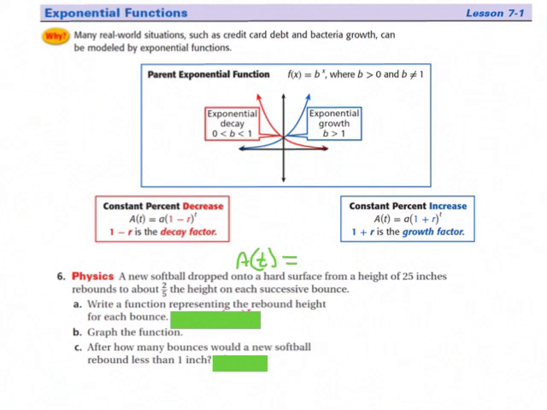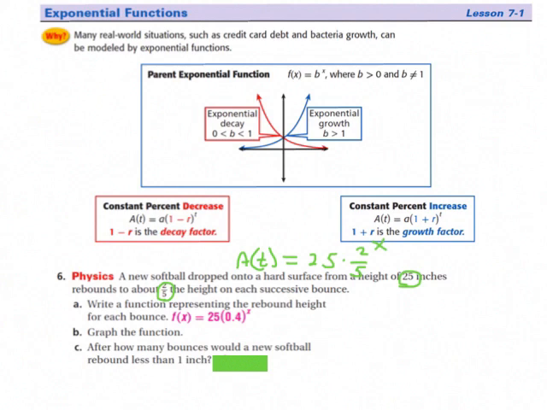Your initial value here was 25, so you plug in a 25 there, times your rebound rate, so it's going to be times 2/5. And that's all going to be raised to your unknown, and we're going to call it x. Okay, so let's see how the answer book agrees with us here. So let me uncover this little blank, and voila, it agrees with us.